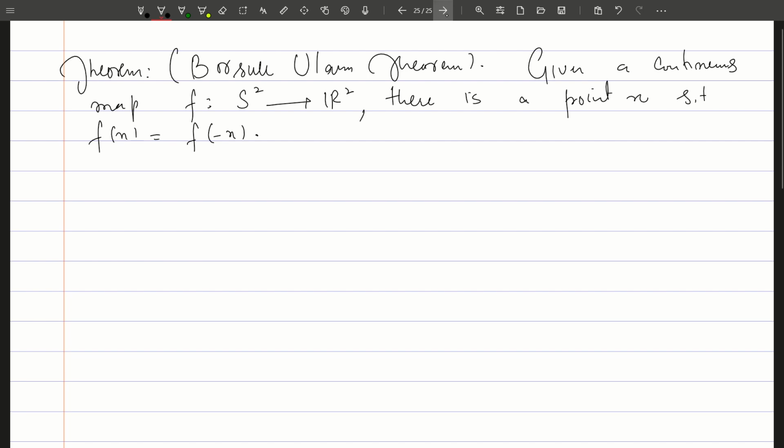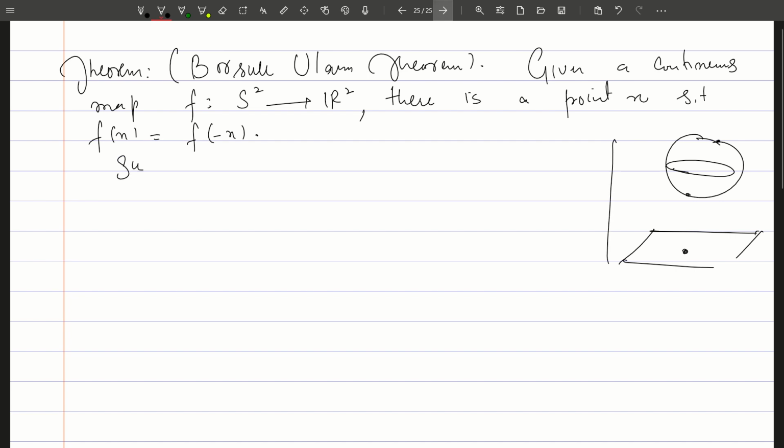So that means if we have S2 and we project this S2 down to the plane, then there will always be a pair of antipodes which are mapped to the same point in R2. This is what this theorem states.